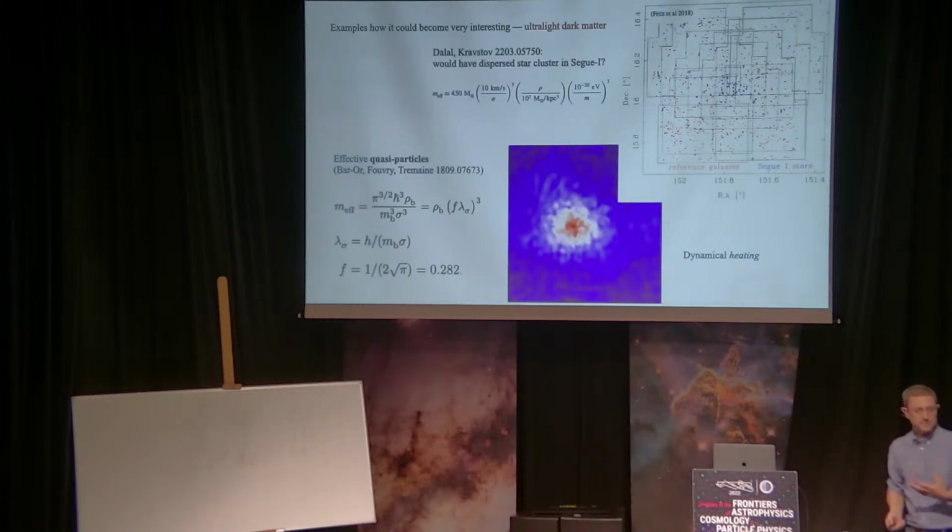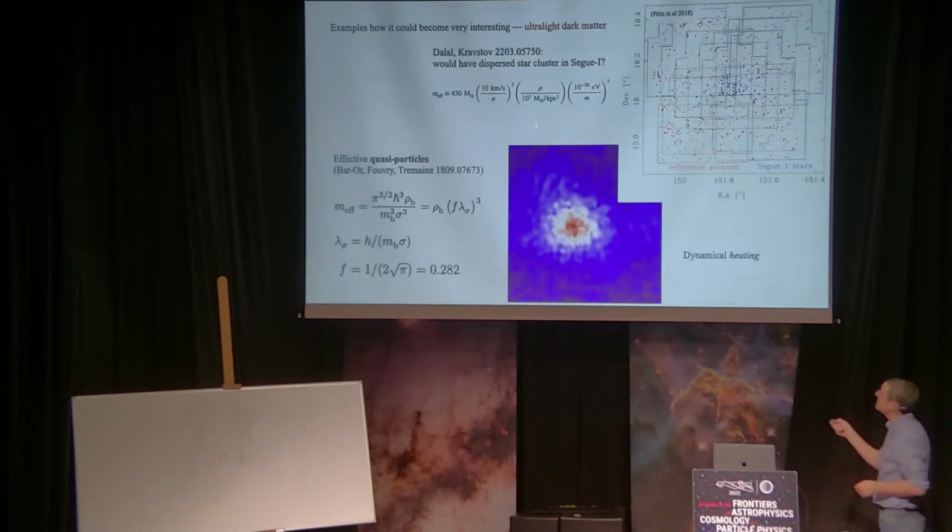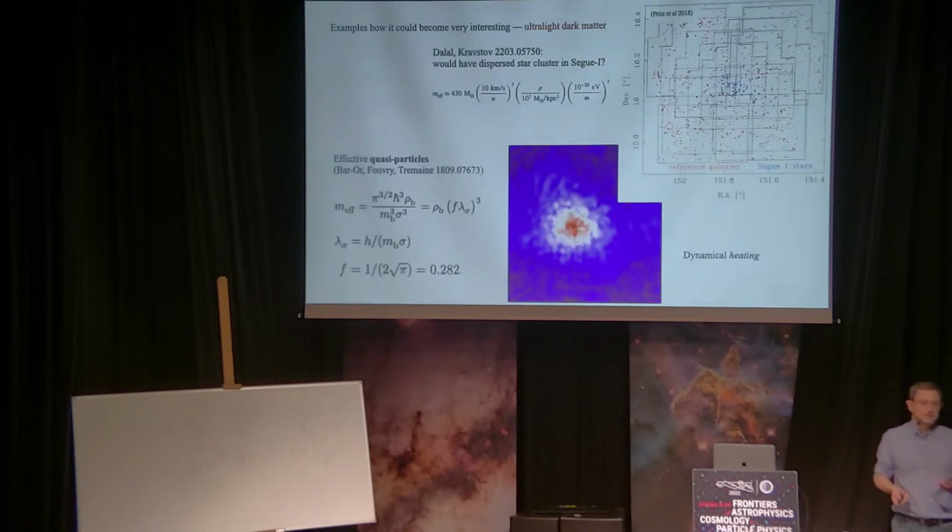And actually, there are claims today of very strong constraints that people have derived on ultralight dark matter based on this dynamical heating phenomenon. A recent paper by Dalal and Kravtsov claims that ultralight dark matter is ruled out all the way to some 10 to the minus 19 electron volt, based on a particular star cluster in a particular dwarf galaxy that would have been dispersed by this dynamical heating formula that we could have gotten from the second diffusion coefficient that I wrote.